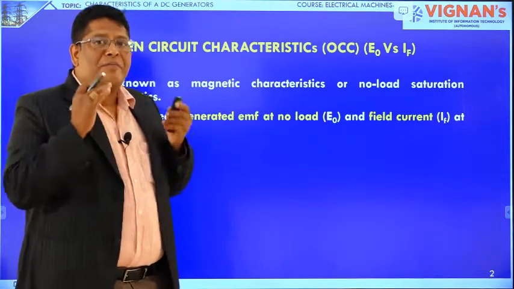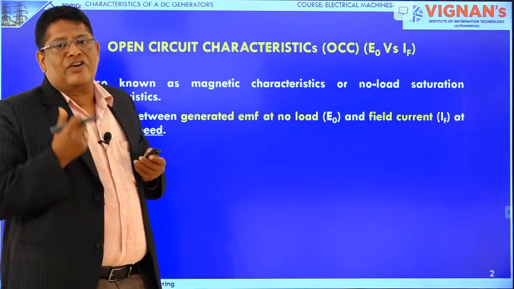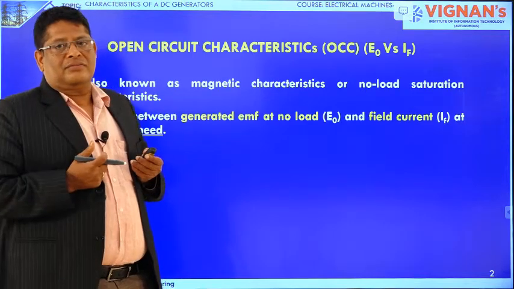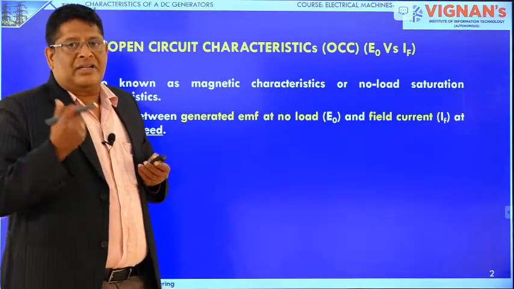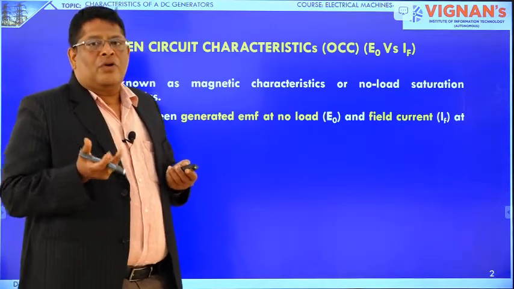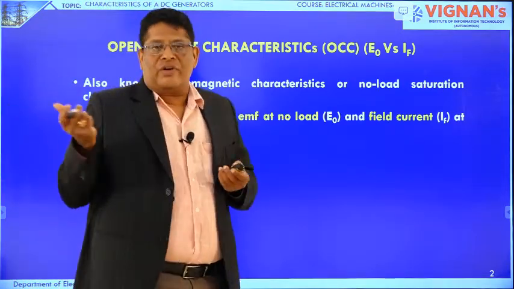How much speed we have to maintain is generally given by the manufacturer on the nameplate detail. Suppose you take that speed as 1500 RPM.